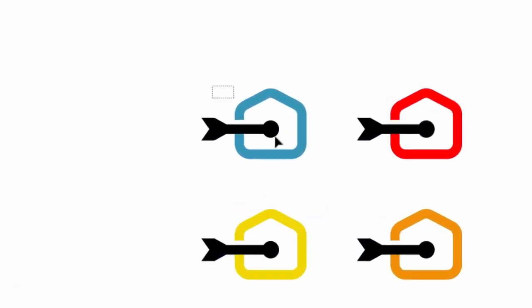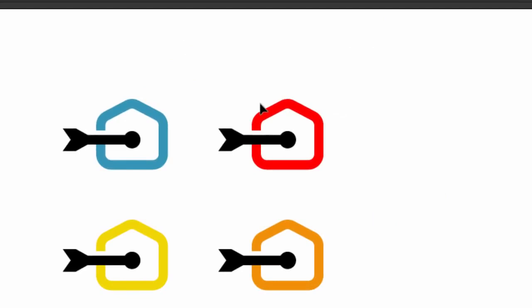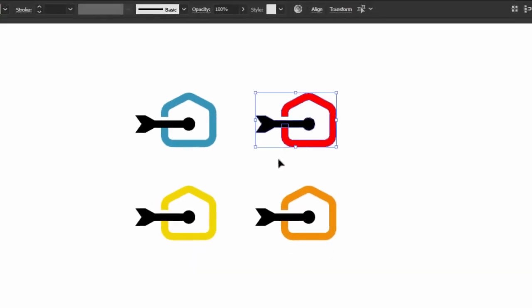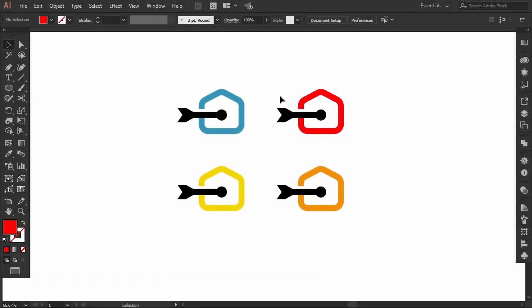This blue is a little bit boring, the yellow looks so bright with the simple lines. I think the red is the best one. It looks professional, and at the same time it reflects the business location, which is Canada.